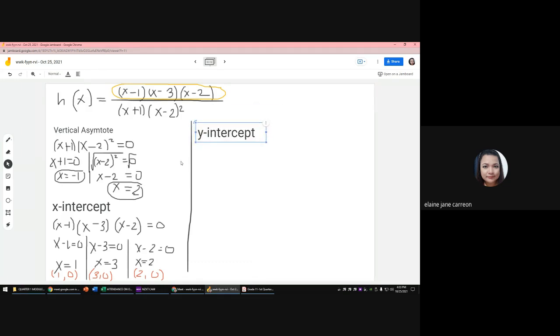So, y-intercept, ang ilalagay naman natin, sulat muna natin yung ating given. Okay. Ilalagay natin, instead of x, papalitan natin ng 0. So, lahat ng x, papalitan ng 0. So, y-intercept. So, 0 minus 1, 0 minus 3. And times 0 minus 2. I hope you get that.